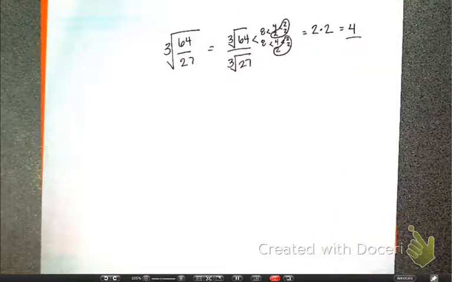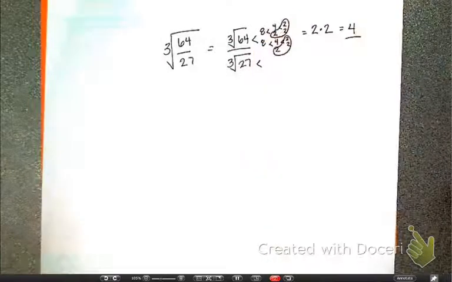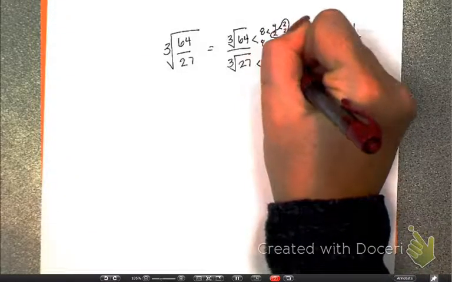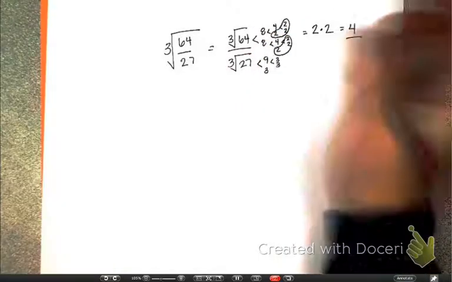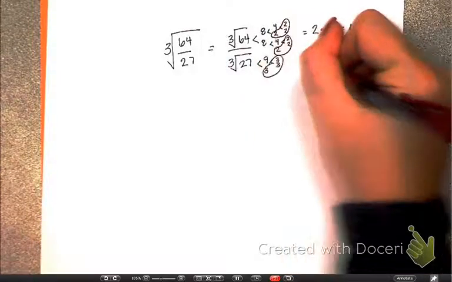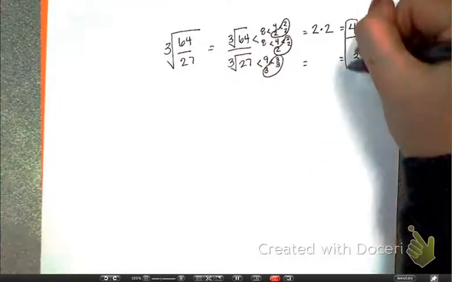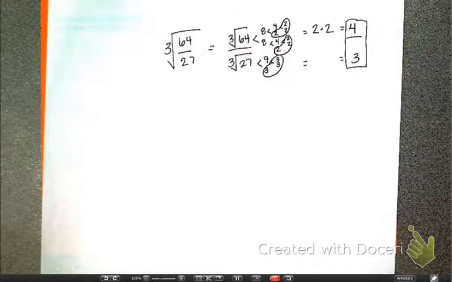Okay, I would do the same thing for 27. What multiplies to 27? 9 and 3, and 3 and 3. Here I just have one group of 3s. So 4/3 then is my scale factor. Okay, so you can factor tree and find groups of 3 and do it that way.